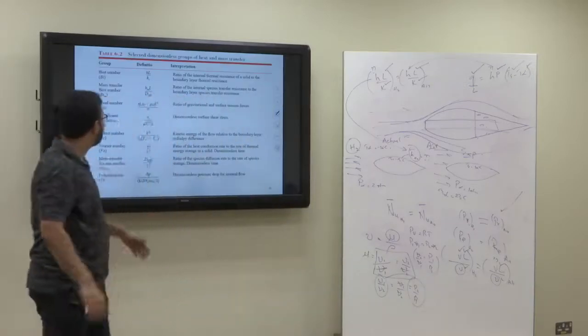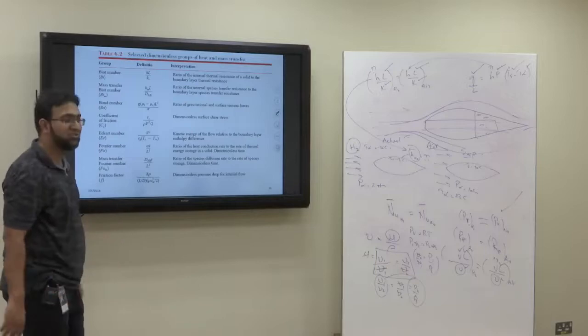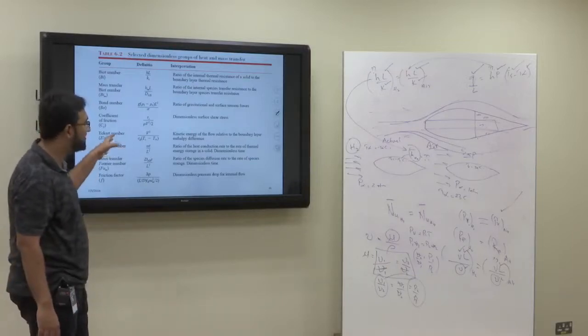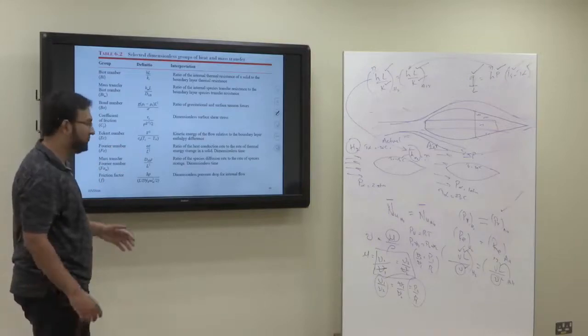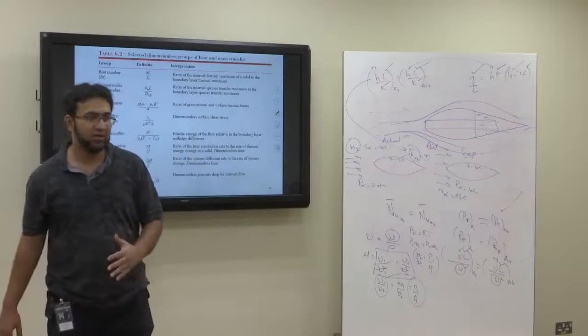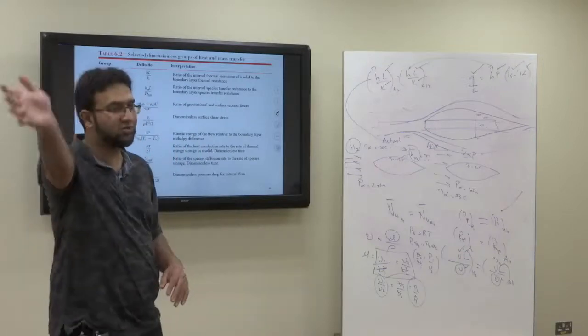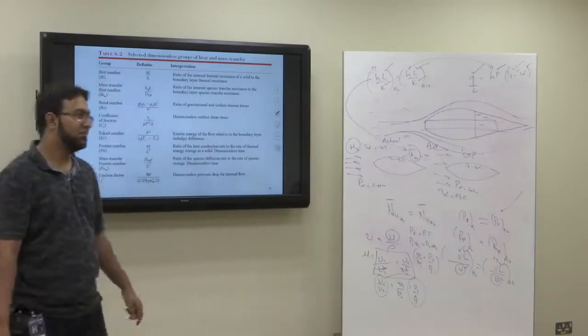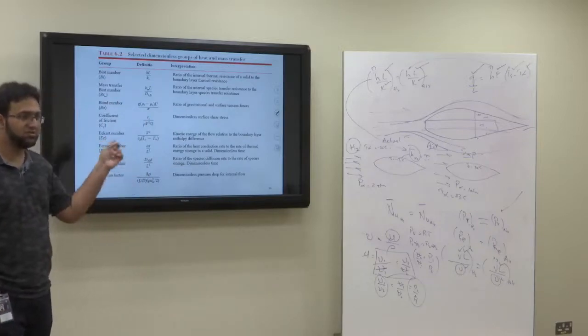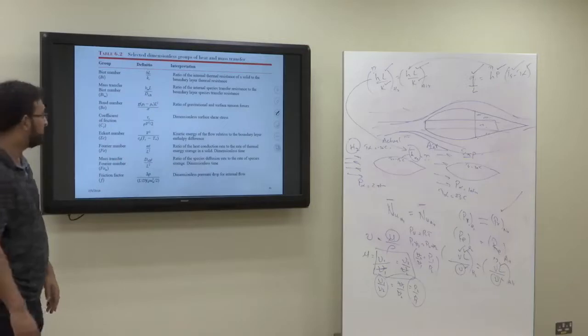Now we have the table of dimensionless numbers. It mentions all the dimensionless numbers that you will also be introduced to in future. All of them are together here, and this table is put in your book of formulas.